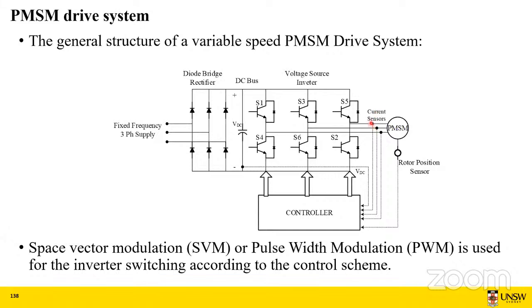So we can start with a very low frequency supply here. A very low frequency means, let's say, it starts with 1 hertz. That means your synchronous speed will be very slow for 1 hertz, and your rotor is also rotating slowly, right, because of the inertia.